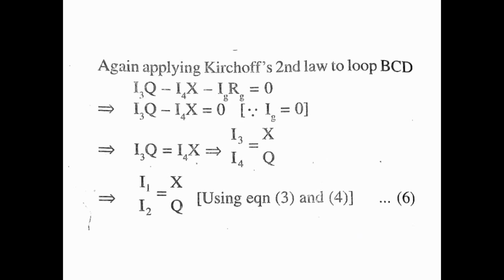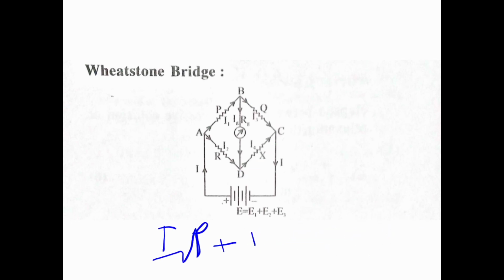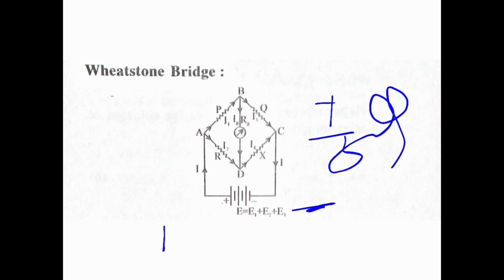Next, again applying Kirchhoff's second law to the loop BCD. We can write, this is direction and this is opposite direction. This is the same direction. So here I3Q minus I4X minus IGRG is equal to 0.